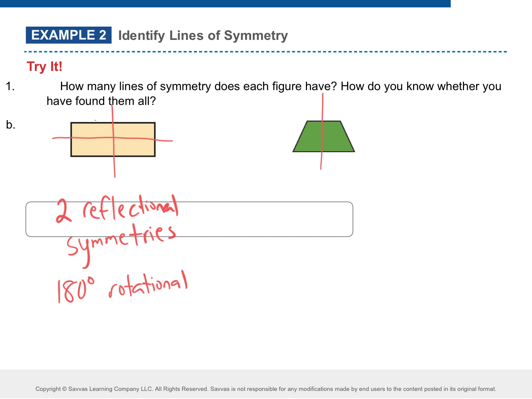Those would not match up if I folded it over. So it has 1 reflectional symmetry. What about rotational? What about 360? Right. Has to be less than 360. Remember that. 360 cannot count when you're talking about rotational symmetry. Capiche? So this one has no rotational symmetry.